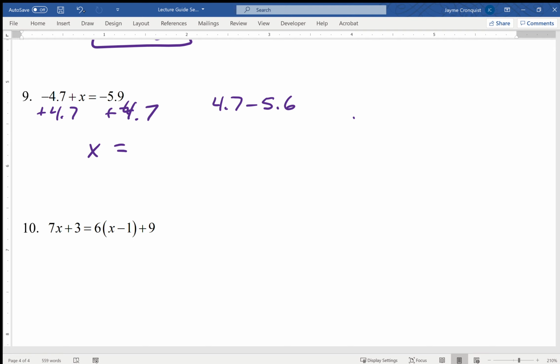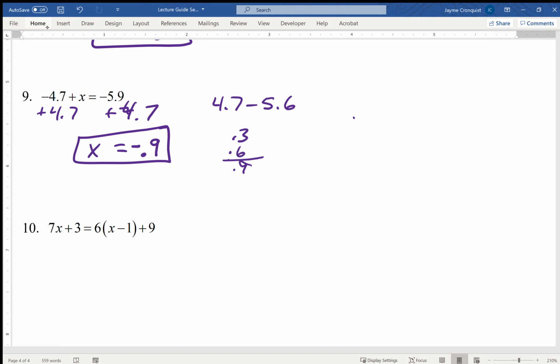So, my answer is going to be negative. To get from 4.7 to 5.6, I get 0.3 to get up to 5, and then another 0.6. So the difference between them is 0.9. It's going to be negative because the 5.6, the larger number, is negative. And there we are.